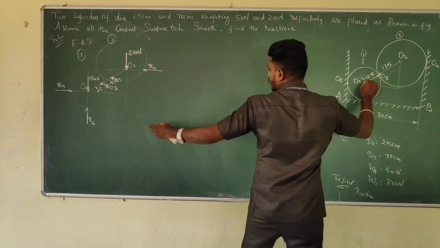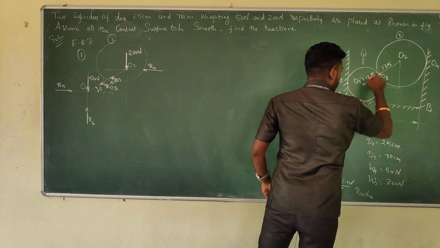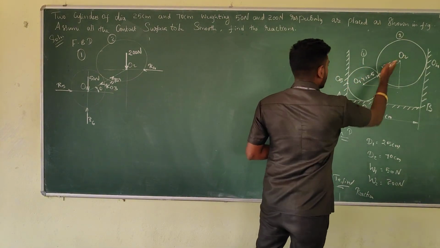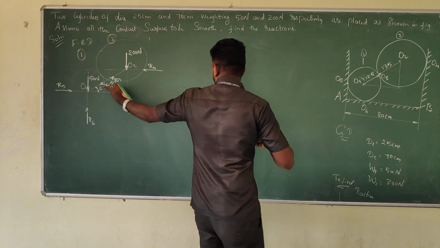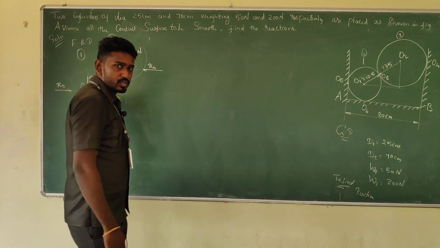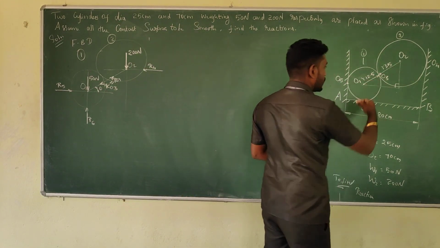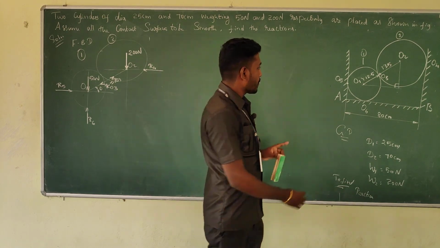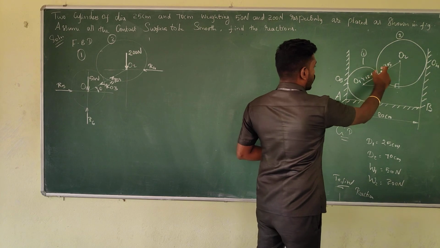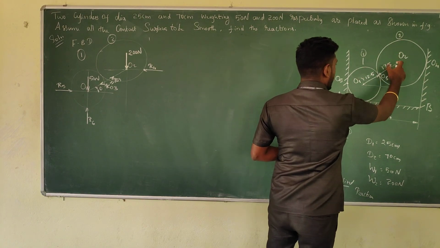And the line of action of the reaction force at 3 should be directed through, equal to the line of action of this reaction force at 3. Then you will get a right angle triangle, something like this. Now we know the radius of the cylinder is 12.5 and the radius of the bigger cylinder 2 is 37.5.